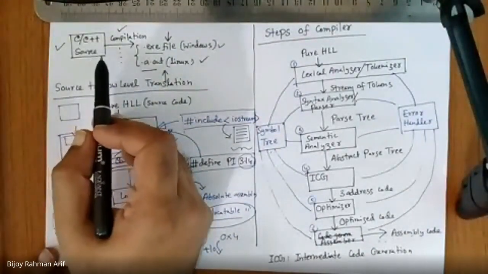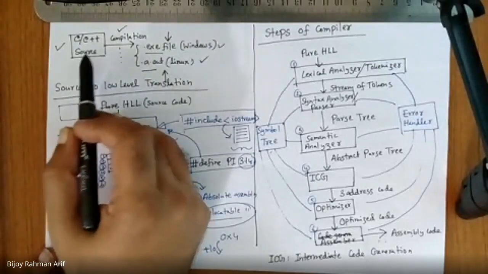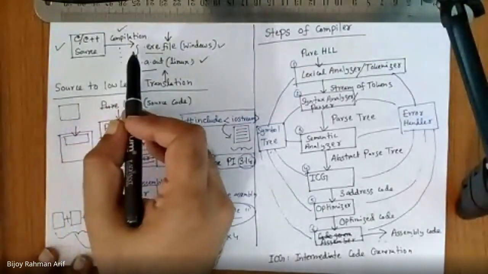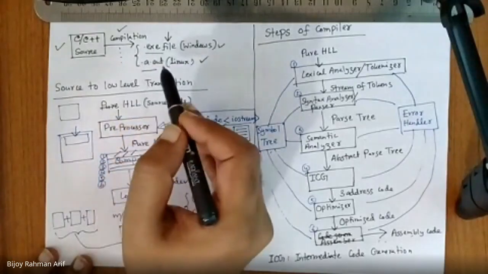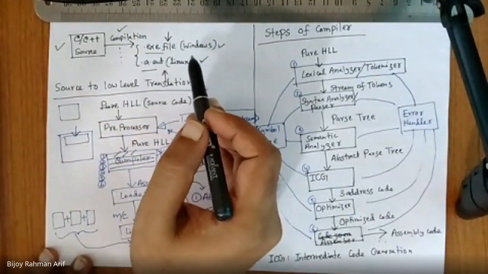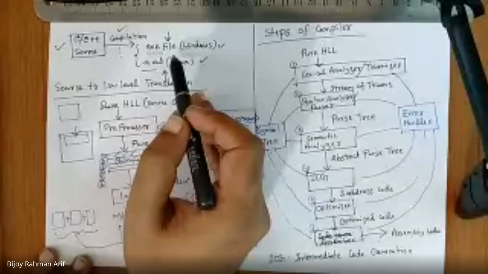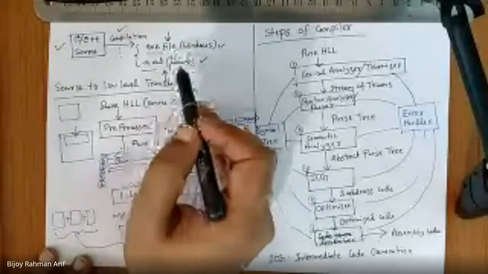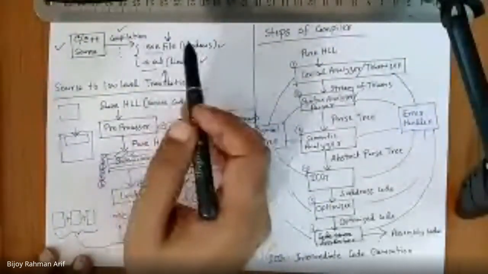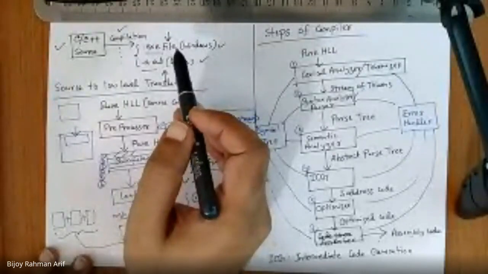But the machine does not actually run the source code. Through compilation steps, it becomes some sort of low-level stuff. For example, in Windows, it becomes an .exe file. In Linux-like operating systems, it becomes an a.out file. Those are actually run by the machine, not the source code.